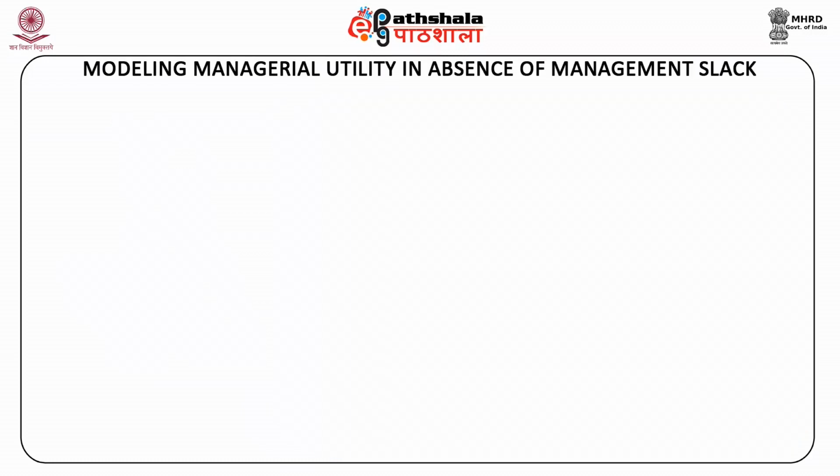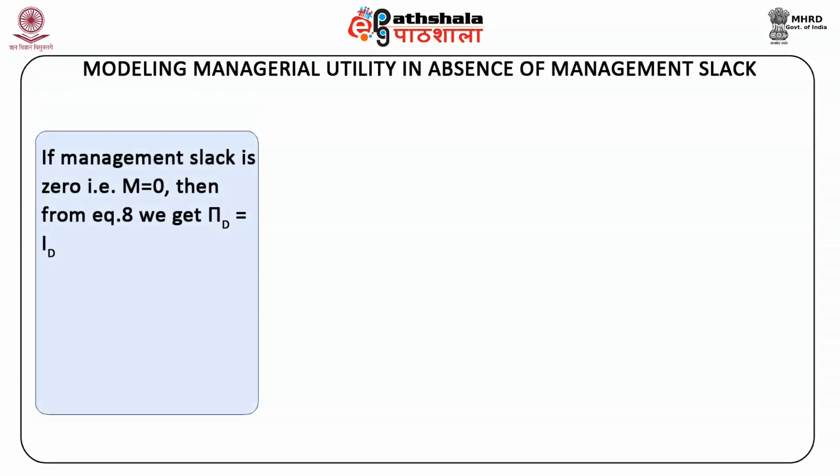discretionary investment. Now we will consider modeling managerial utility in absence of management slack. In absence of management slack, the discretionary profit and discretionary investment will be equal to each other. The impact of absence of management slack on managerial utility function is explained below. If management slack is 0, that is m is equal to 0, then from equation 8 we get pi d is equal to id.